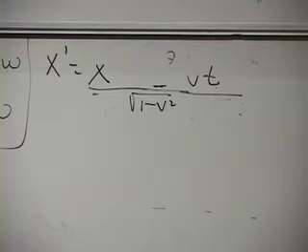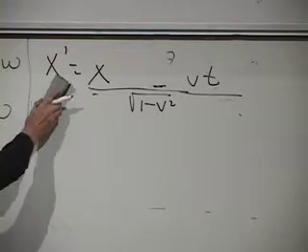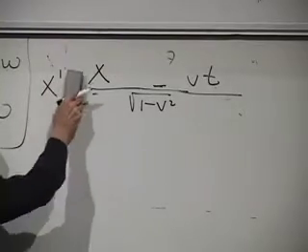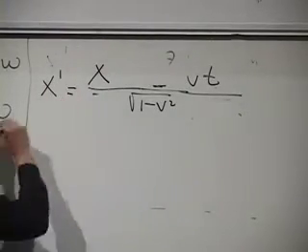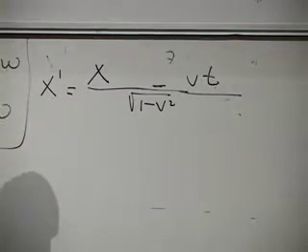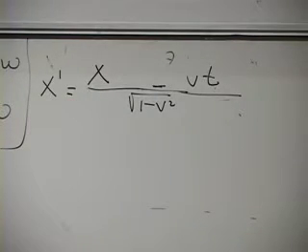I think most of you have probably seen that before, maybe slightly different. Let's clean it up a little bit. X prime equals x minus vt divided by the square root of 1 minus v squared. What about t prime?